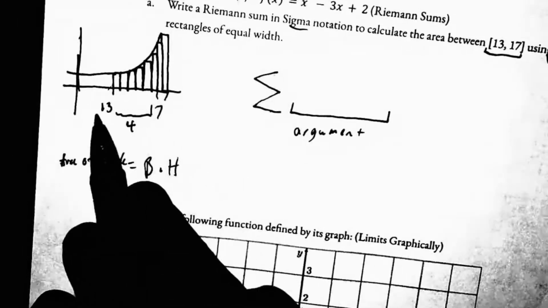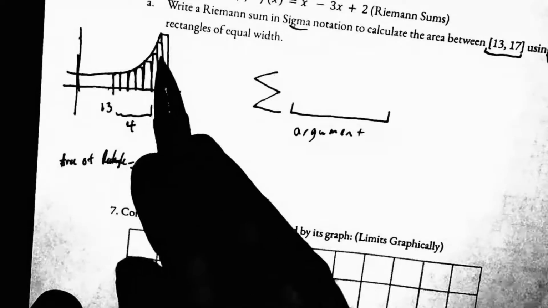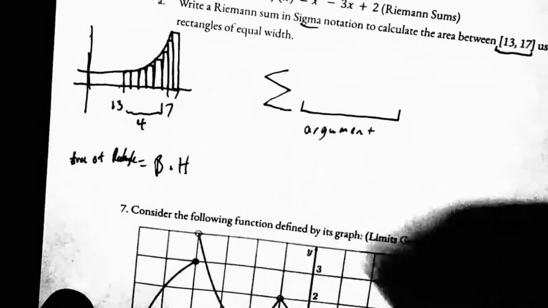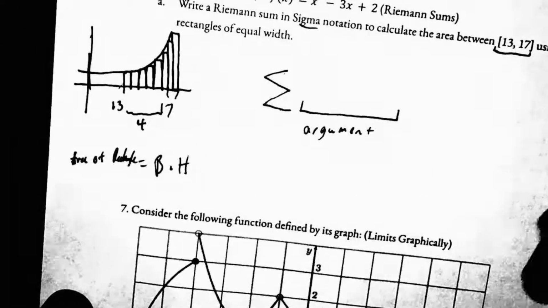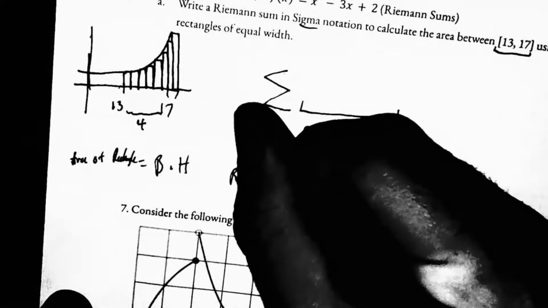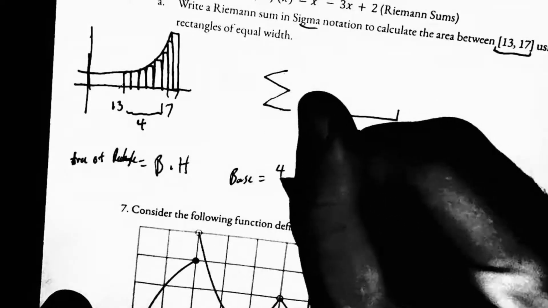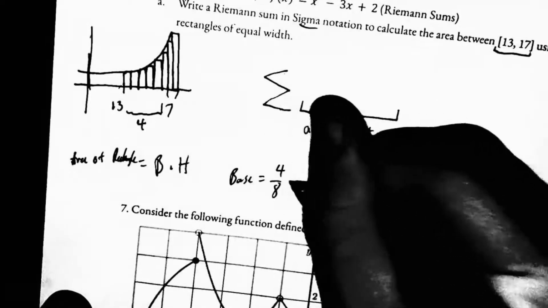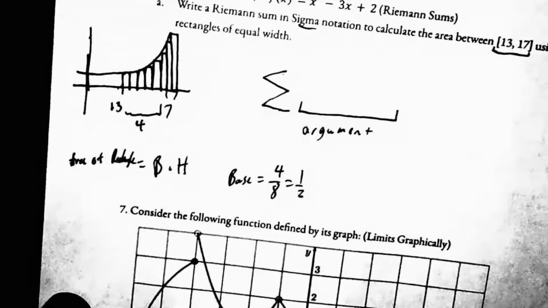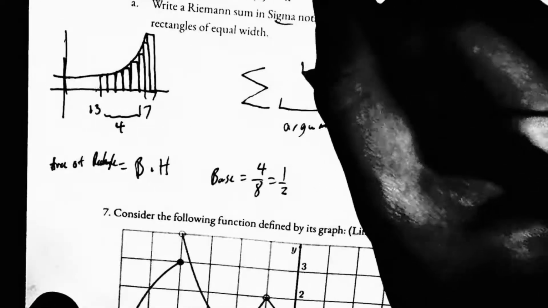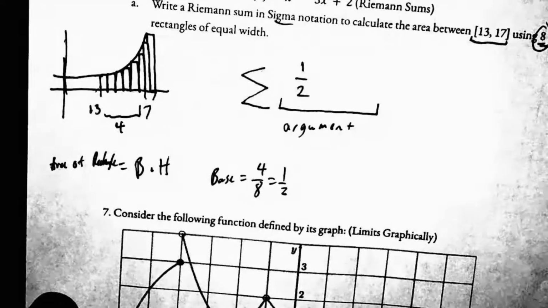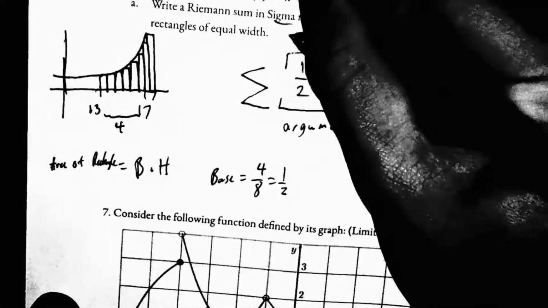That's a difference of 4, right? And we have 8 equal rectangles. So we're going to do base equals 4 over 8, which is 1/2. So the base of all my rectangles is 1/2.